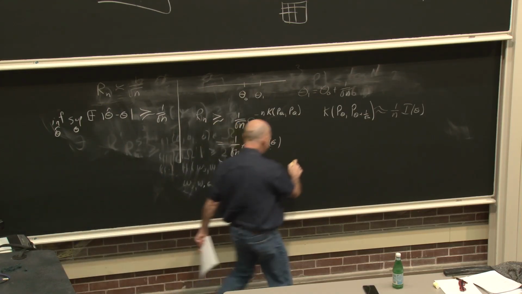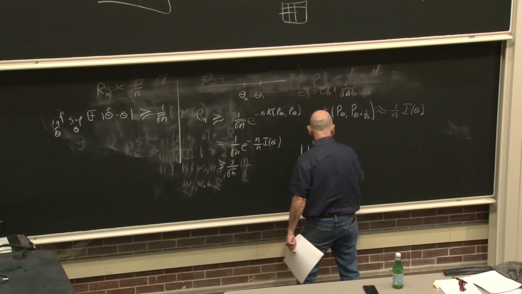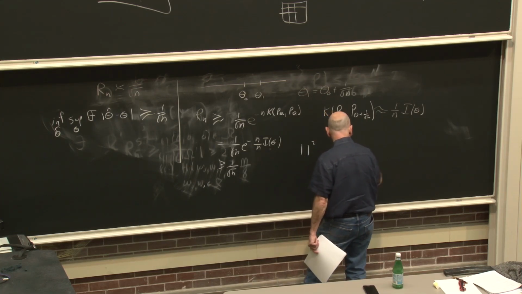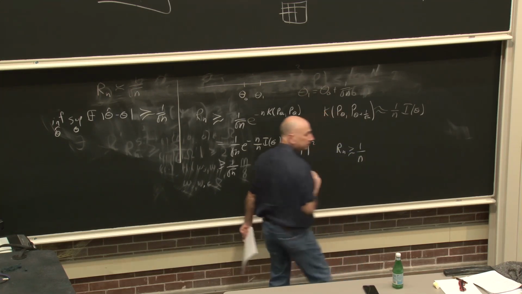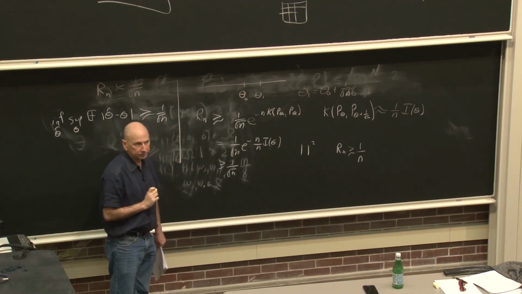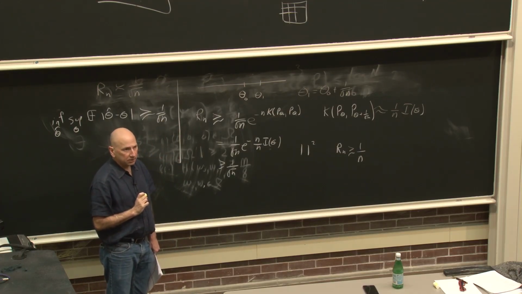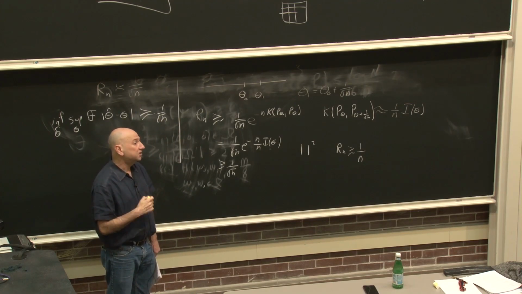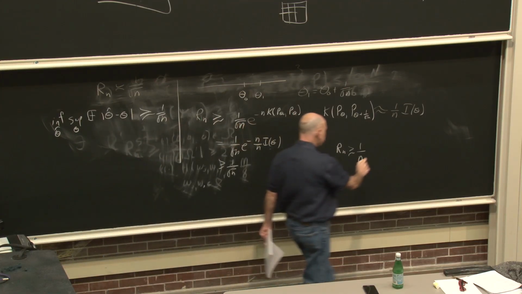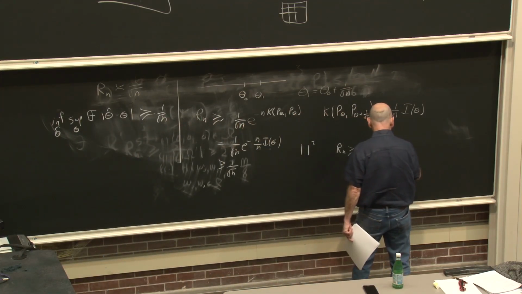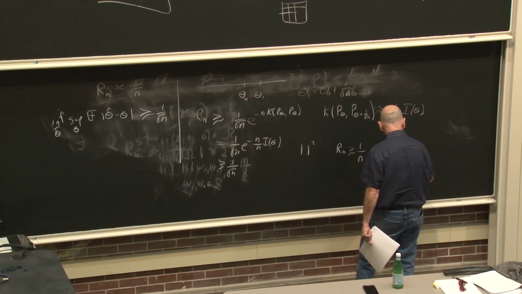Or if we'd done squared error, if you prefer squared error, that would be 1 over n. If you did it in d dimensions, a d-dimension parametric model, you would simply get d over n.